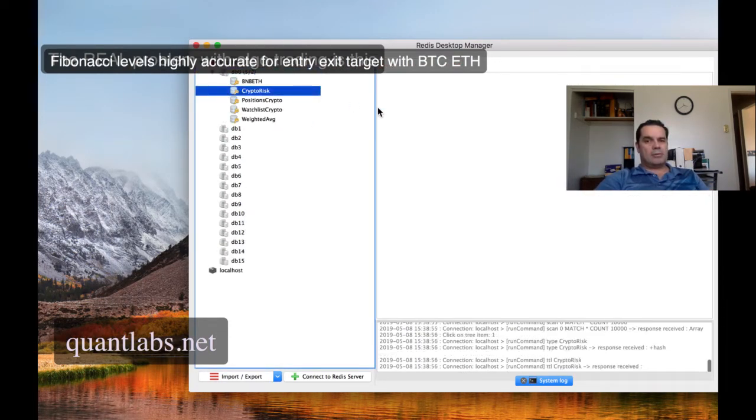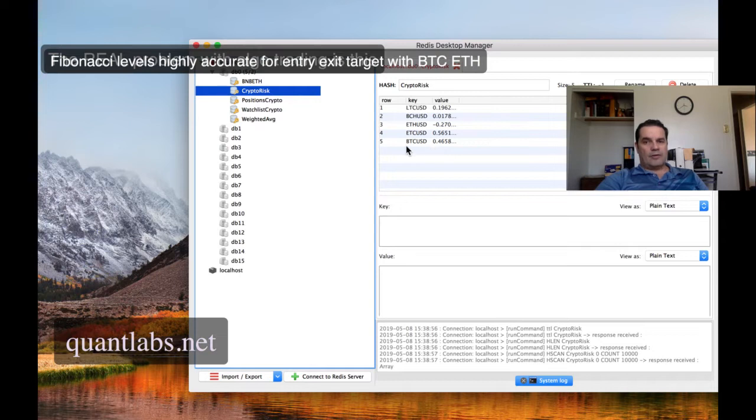So right now, here's the performance of Bitcoin at 0.46, Ethereum Classic at 0.56. So Ethereum Classic's outperforming currently, and those are your top two performers in the big five that I look at. And again, those are Bitcoin, Ethereum Classic, Ethereum, Bitcoin Cash, and Litecoin.